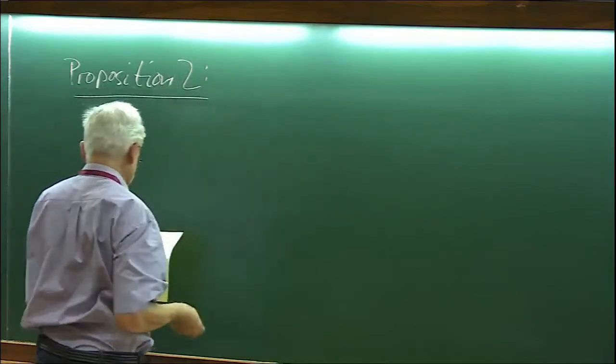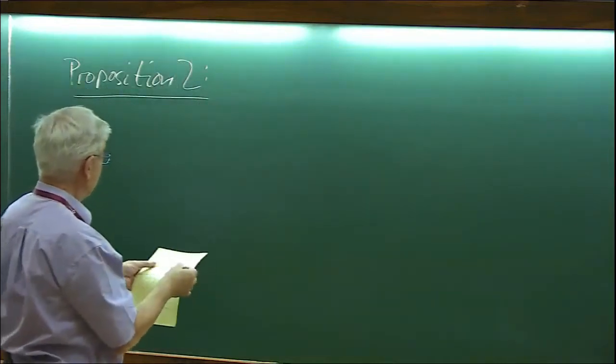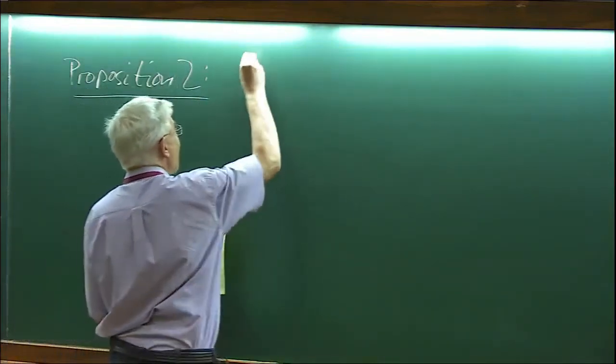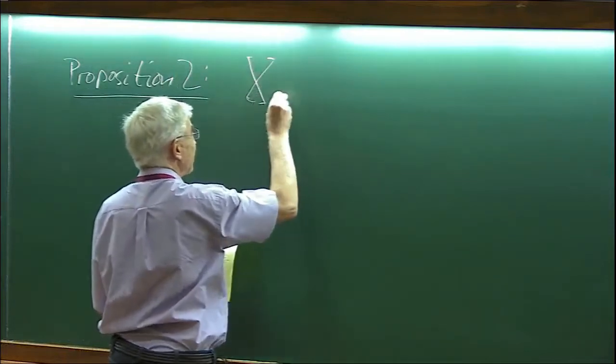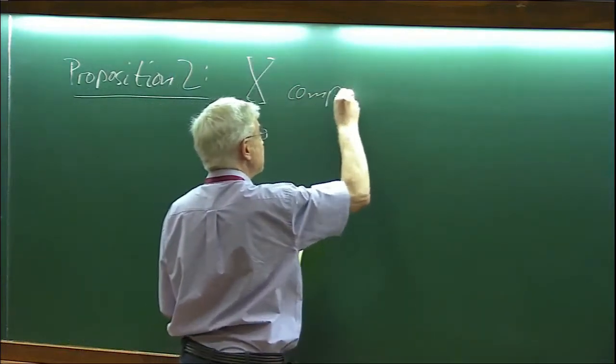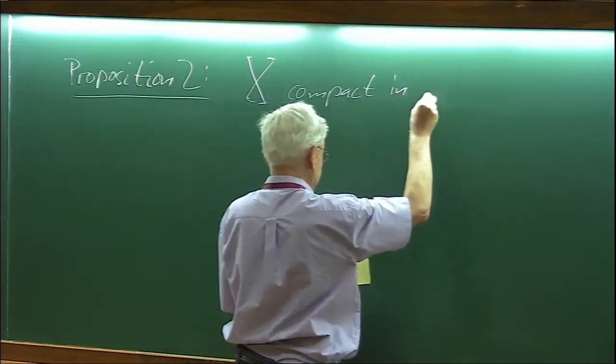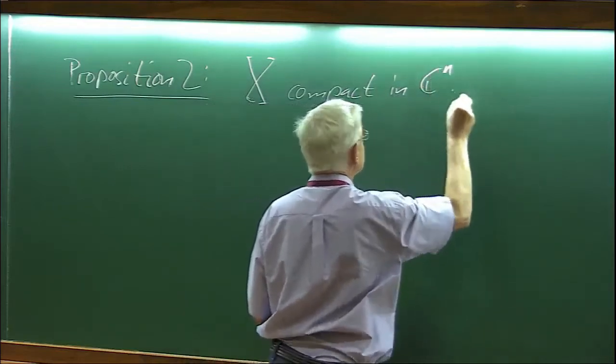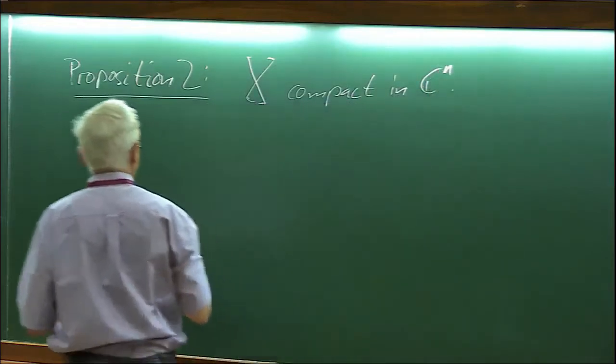Two, I think according to my notes, hope it's correct. So X is compact in Cn. The following are equivalent.